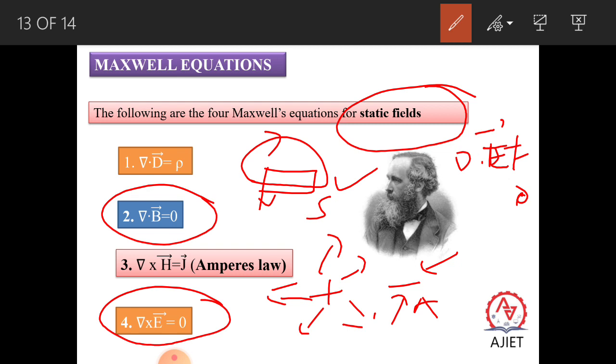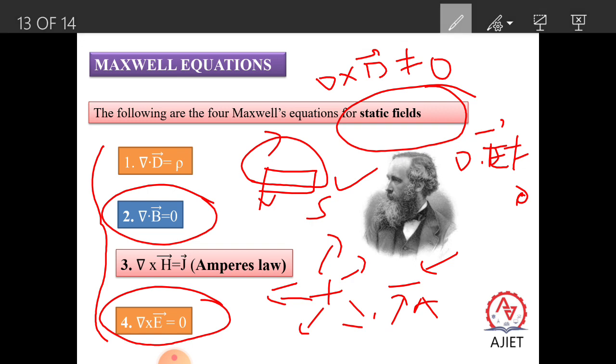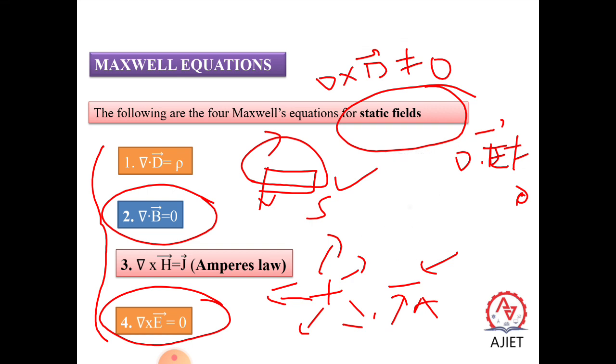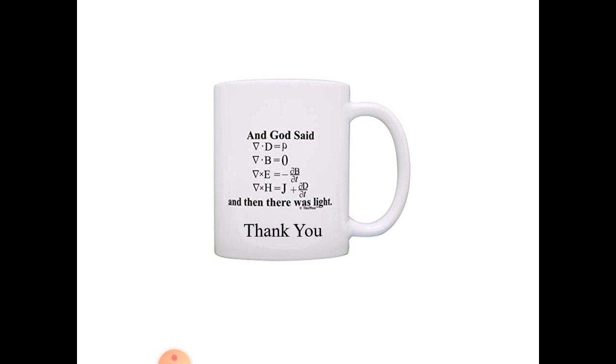The curl of an electric field is always equal to 0, because the electric field is an open vector, whereas the curl of the magnetic field, del cross B, is not equal to 0. So these are the four equations you have to know: del dot D is equal to rho, del dot B is equal to 0, del cross H is equal to J, and del cross E is equal to 0. These are the four Maxwell equations for static fields.